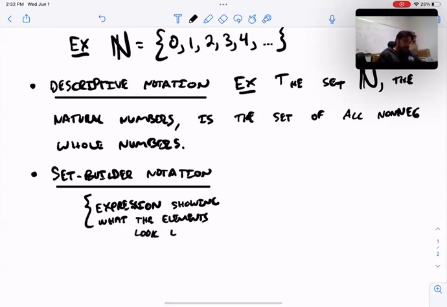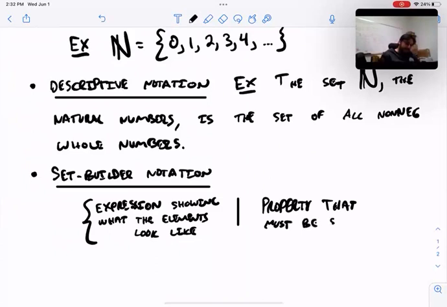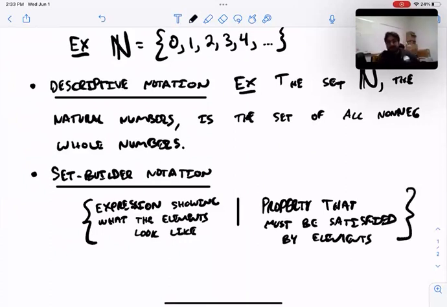Then you put either a vertical bar, or sometimes people put just a colon. Either one is fine. I usually go with the vertical bar, but they're both used. On the other side of that vertical bar is some property, some predicate, that must be satisfied by the elements of that set in order to be an element of that set. So that's called set builder notation.